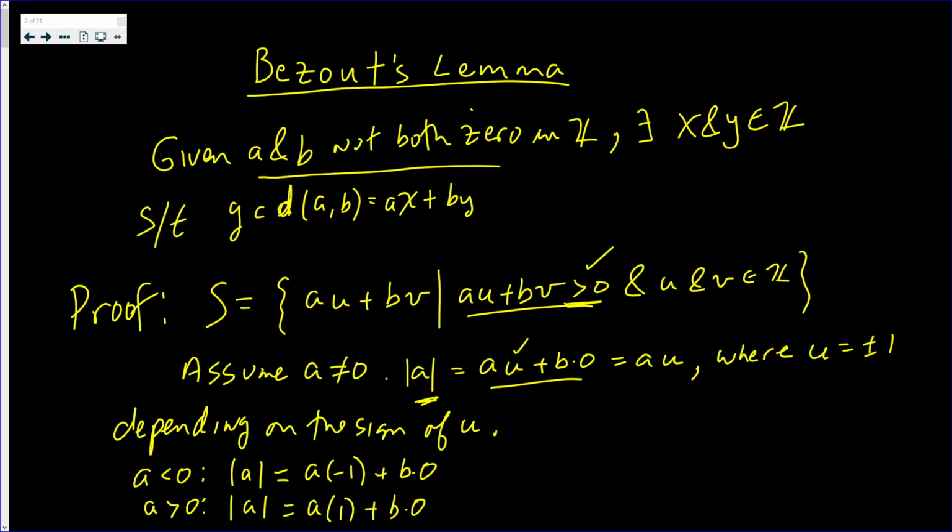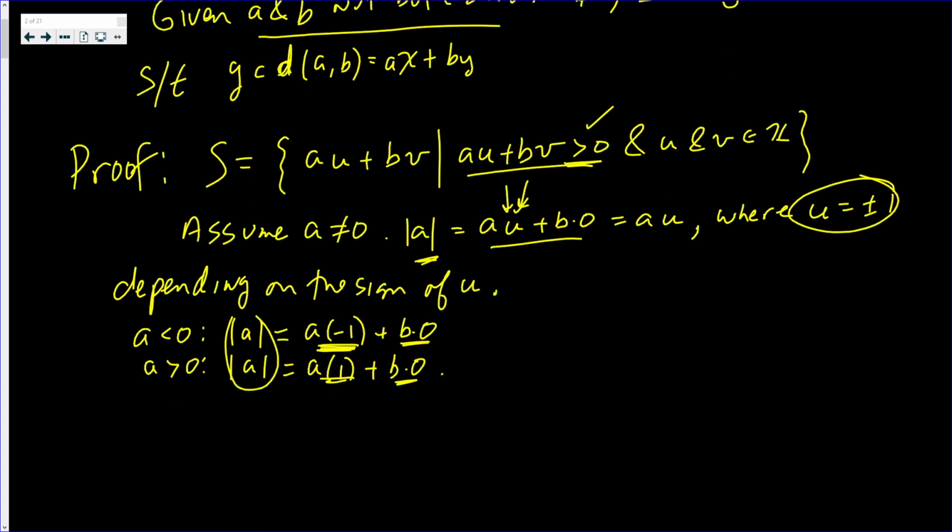Either way, I wrote the absolute value of a as an integer multiple of a plus an integer multiple of b, and the value that a is being multiplied by, which I called u, is plus or minus 1. So clearly the absolute value of a is in S.